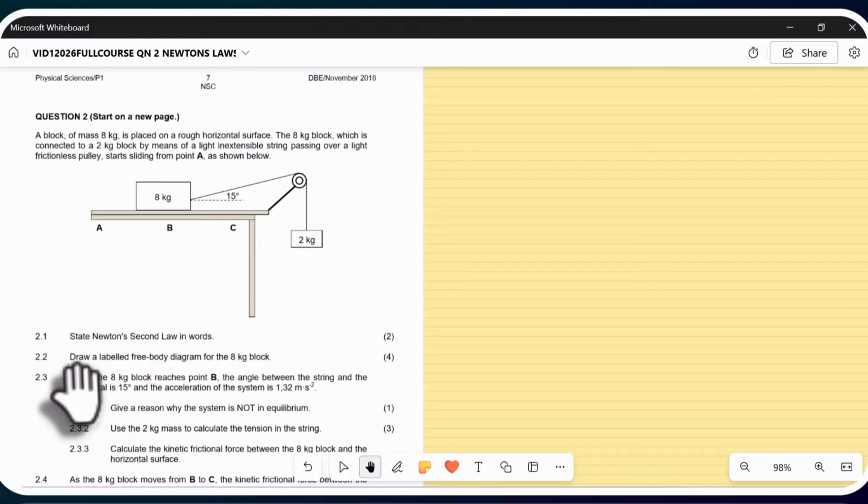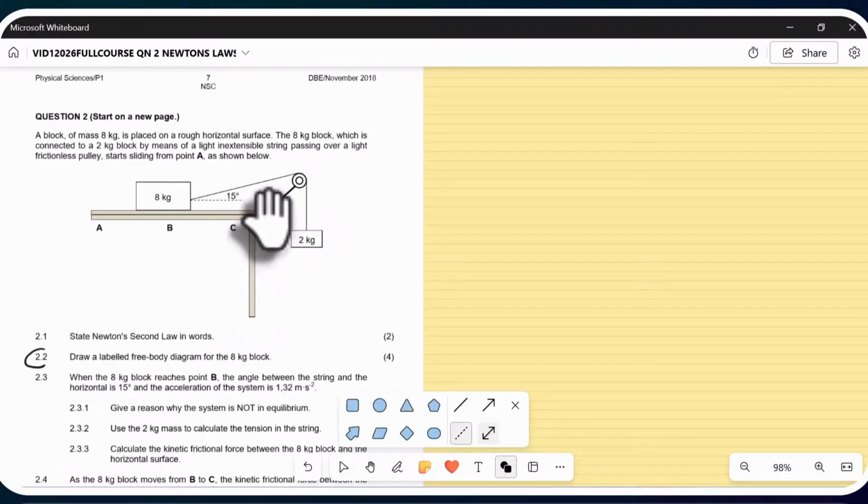Then 2.2, draw a labeled free body diagram for the 8 kilogram block. Now 8 kilogram block is on the surface. Okay, so there is weight and then normal force. Because the table is a rough table, we have frictional force, then we have got this force at an angle. So the tension is at an angle here. So for that matter, 2.2, we're gonna need something like this.